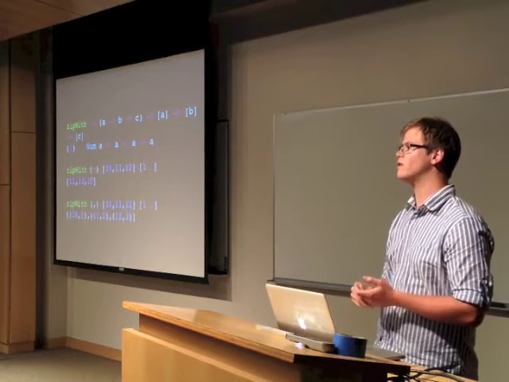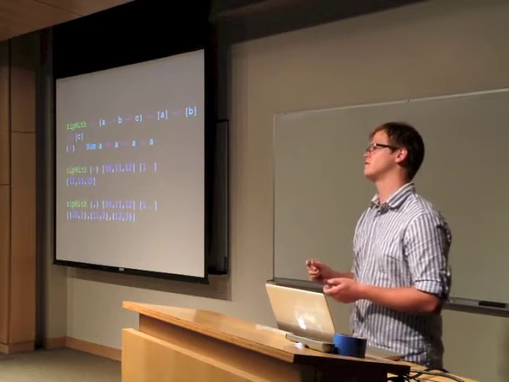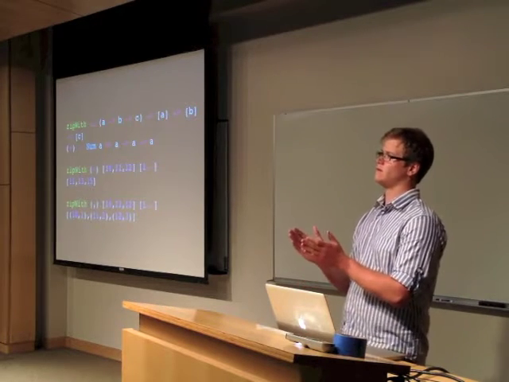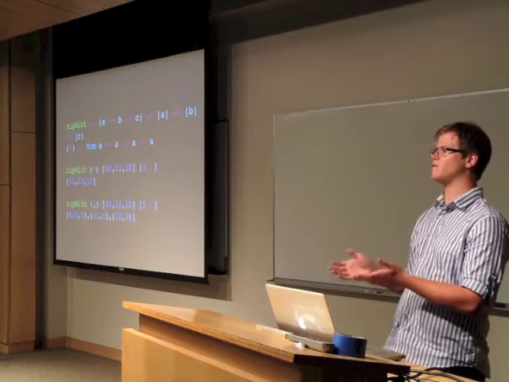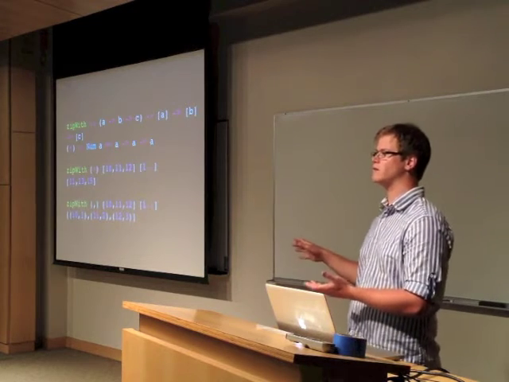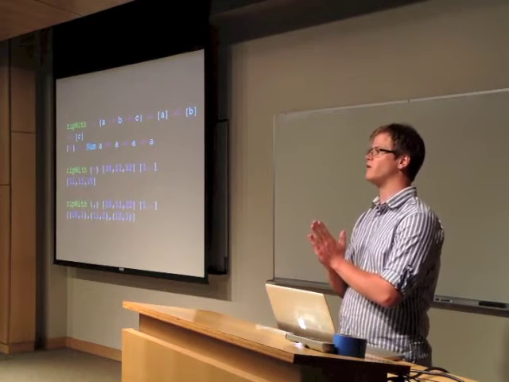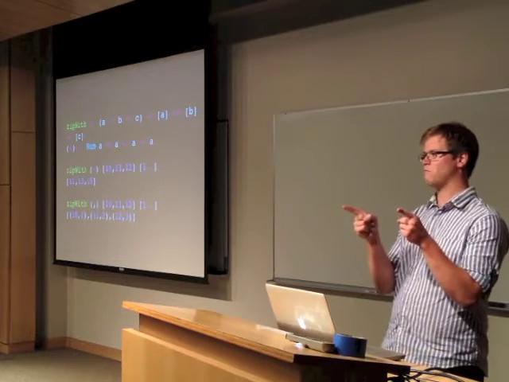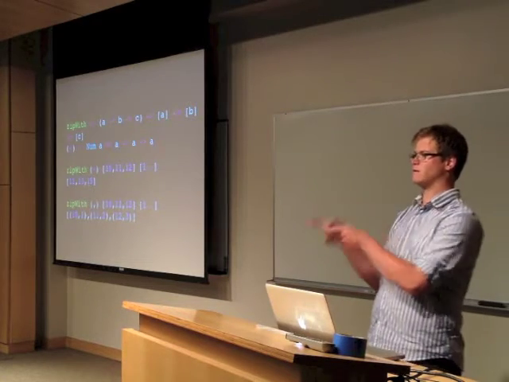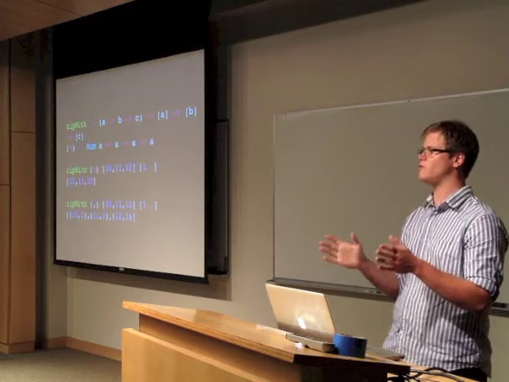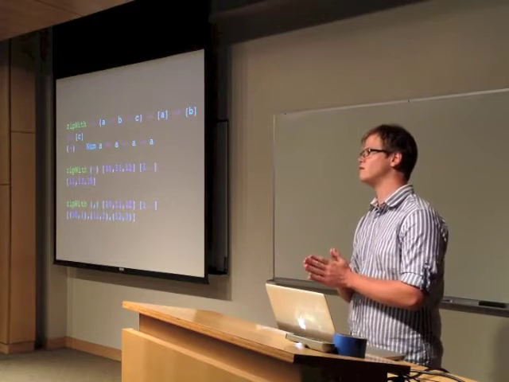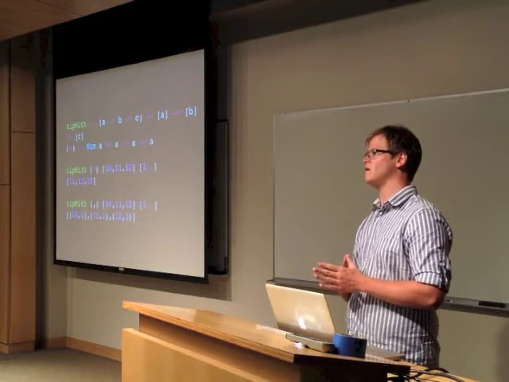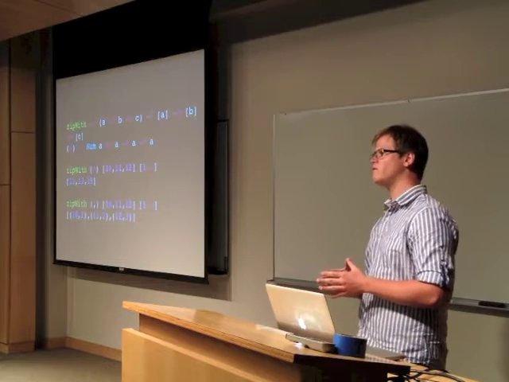And so zipWith takes the plus, and it takes the list 10, 11, 12, and then an infinite list. And it's going to zip them together. It's going to take the parallel elements of the lists, put them together, and give you a new list. So it's just going to say 11, 13, 15.